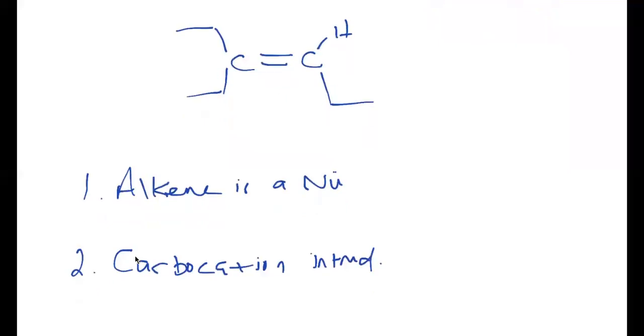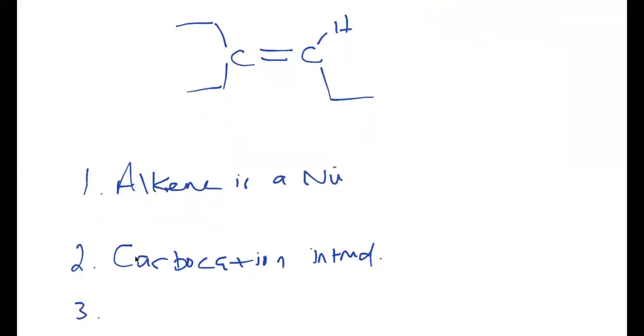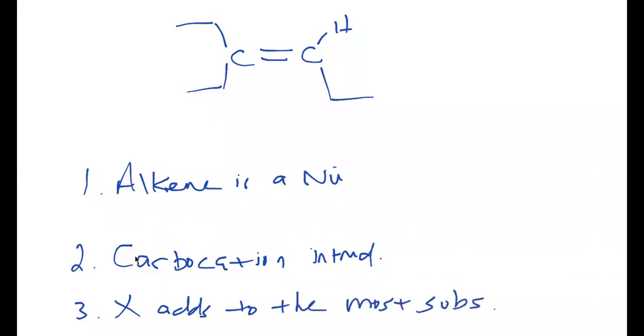And then the final thing is that X is going to add to the most substituted carbon. Right, that third outcome is kind of tied to the second, right? Because if you make a carbocation, the most stable one is going to be which one?